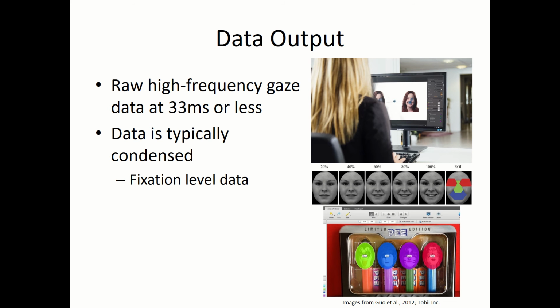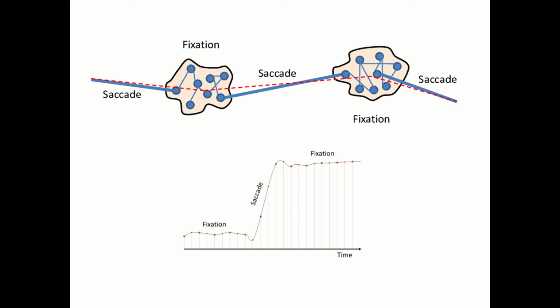So what's a fixation? I keep talking about that. As you're going through the protocol, you get a bunch of little data points, and they're nested close to each other.